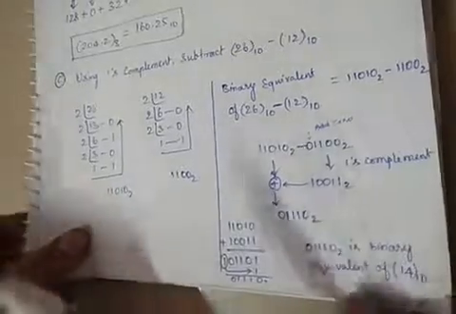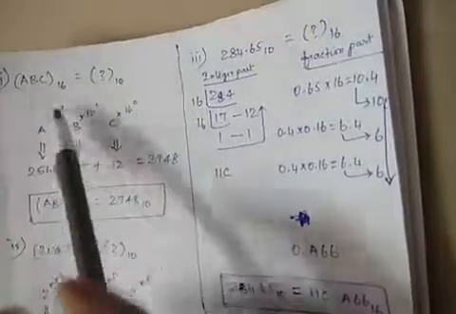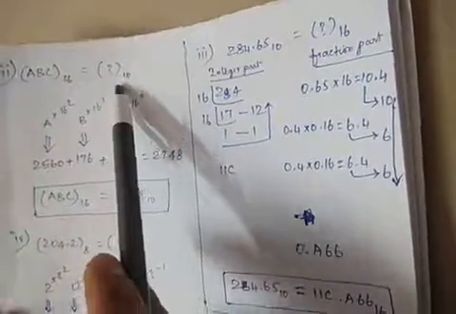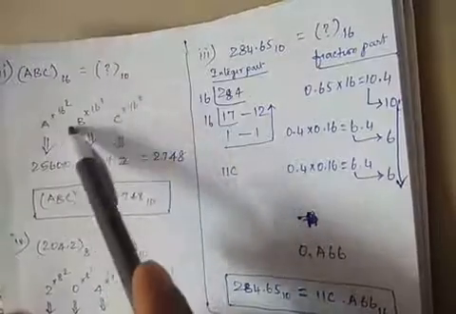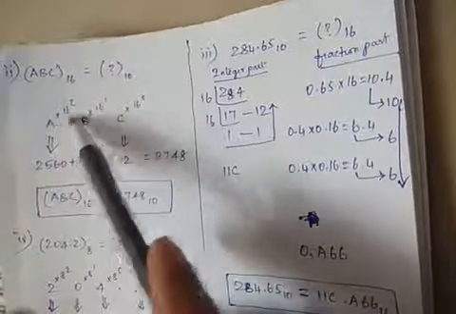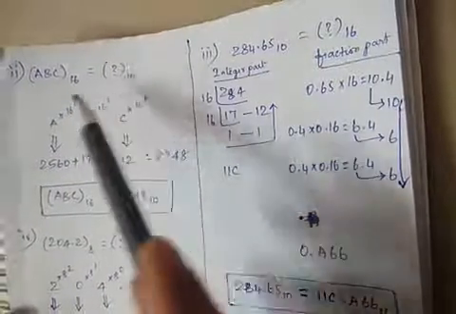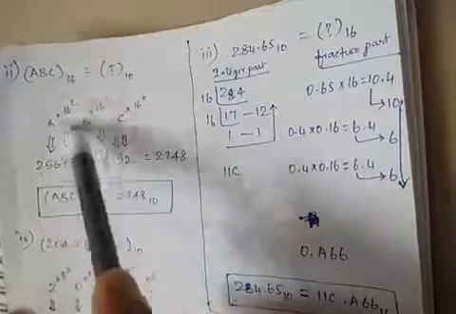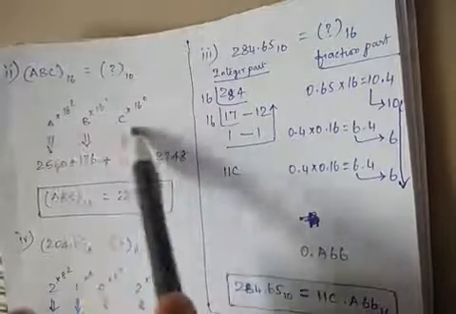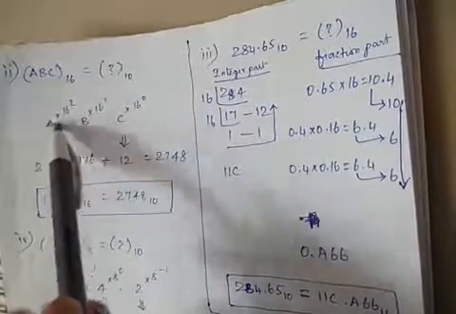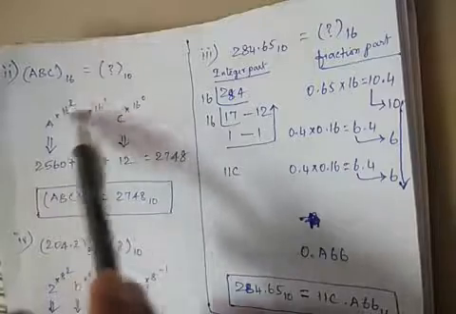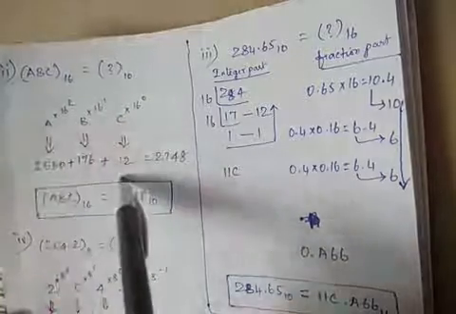So we'll see the next conversion, hexadecimal to decimal. As we know already, whenever converting any number system to decimal, the method is we have to multiply the digit with its respective position value, then add all the values.